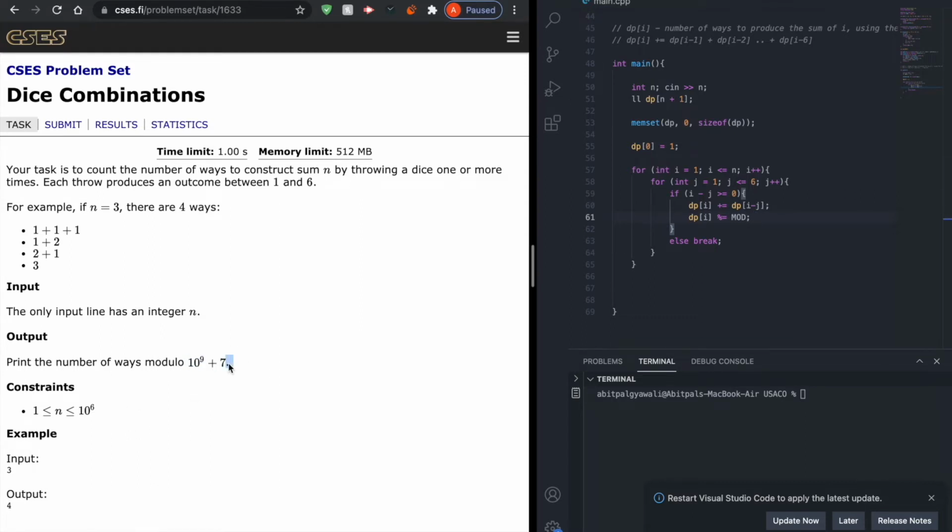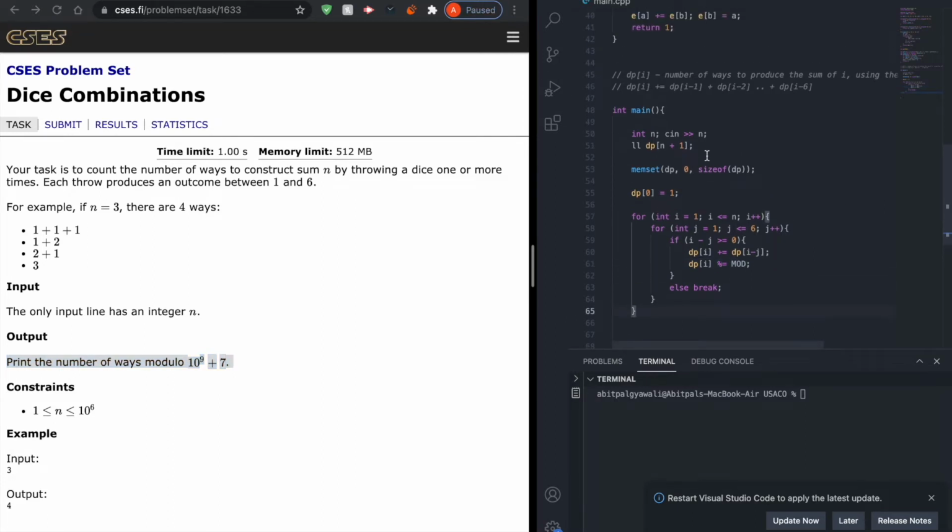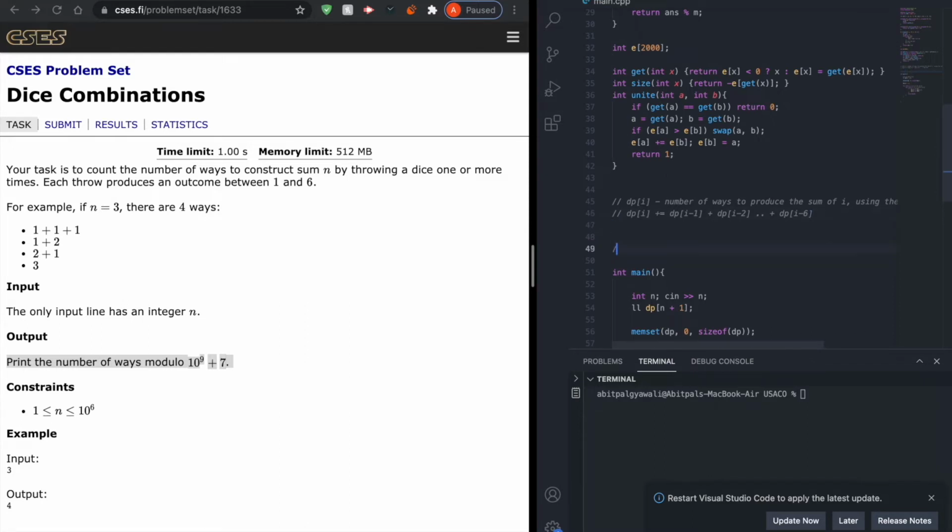If you don't know about modular arithmetic, I suggest you check it out. I'll try to explain it here. You want to memorize these, by the way: (a plus b) mod m is (a mod m plus b mod m), and then the whole thing mod m.